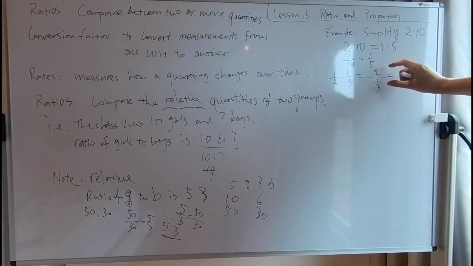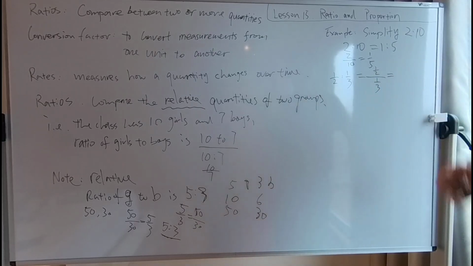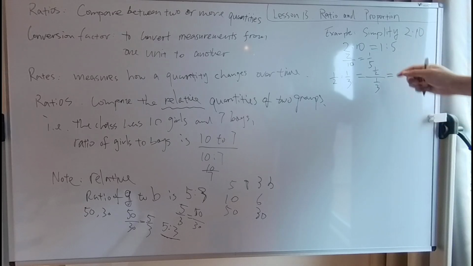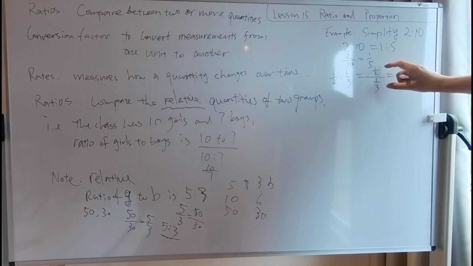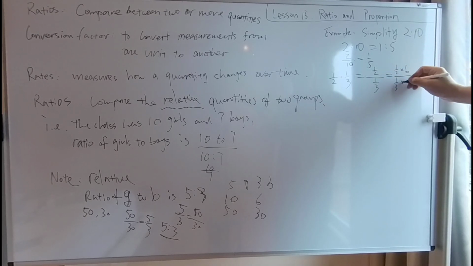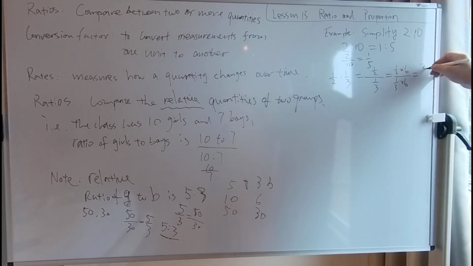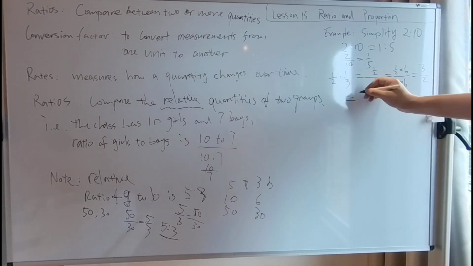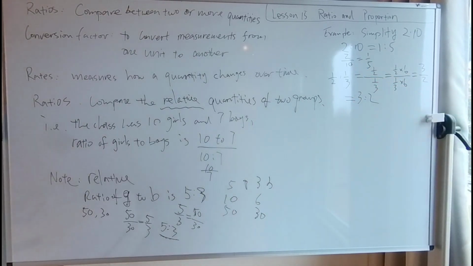And then by simplifying this, you learned in the fraction section that you can multiply a common multiplier on both sides to eliminate the fractions. So here I can multiply by 6 on both sides. Then this becomes 3, this becomes 2. So eventually this is equivalent to 3 to 2, or 3 versus 2.